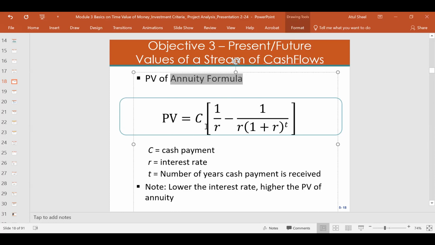So the discount factor for an annuity is not 1 over (1 plus R) to the power T, but 1 by R minus 1 by R times (1 plus R) to the power T. And mathematically, you can juggle with them and you'll come down to these formulas.